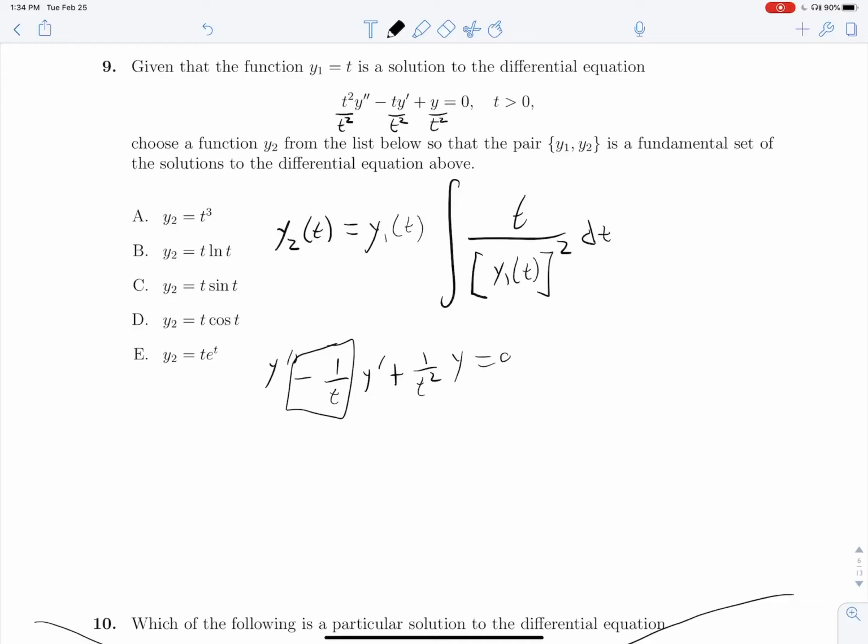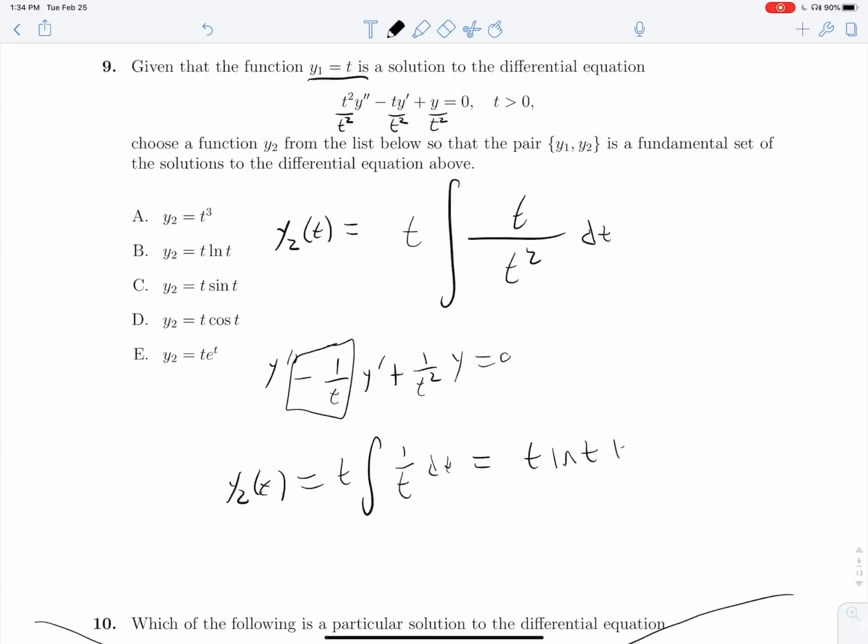Now moving down to our denominator, we are told that y1 is equal to t, so y1 of t squared is t squared. We can also replace this y1 of t out here with a t. So our integral can be rewritten as y2 of t is equal to t times the integral of 1 over t dt, which is equal to t ln t plus tc.